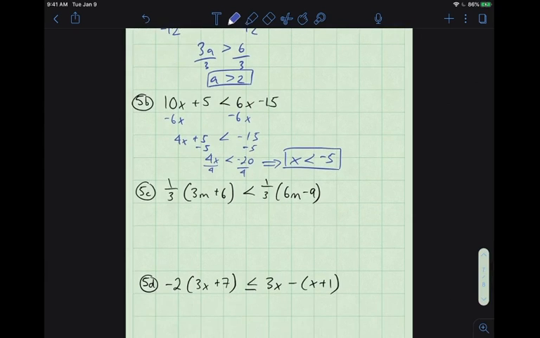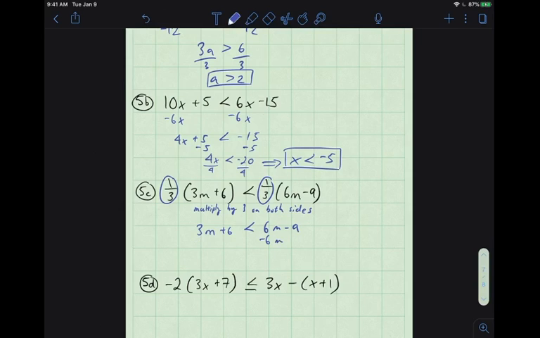Here, it may look intimidating at first, but you can get rid of both of these fractions by multiplying by 3. And when that happens, 3 times 1/3 makes 1. You're left with 3m plus 6 is less than 6m minus 9. Subtract 3. Now we can demonstrate the flipping again. Let's say I started with this step.